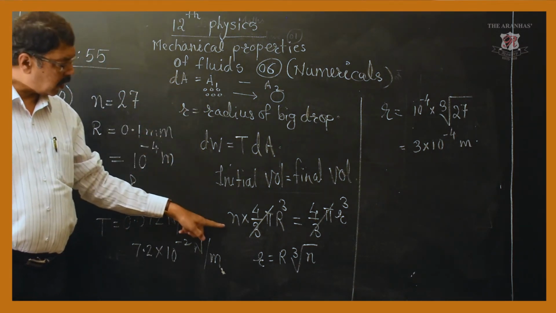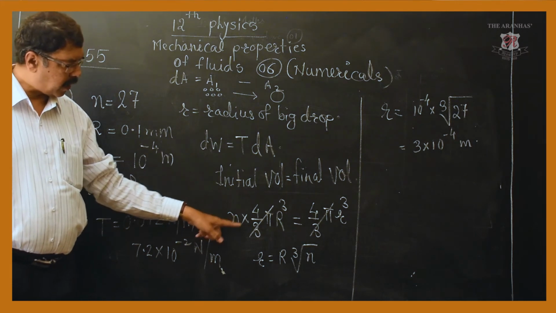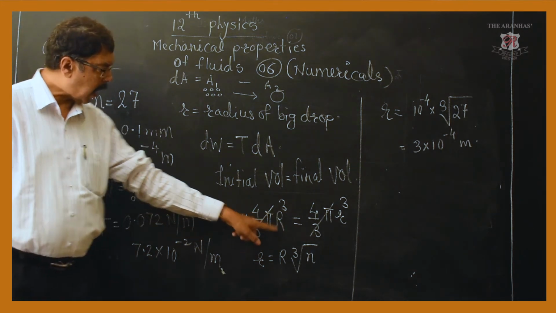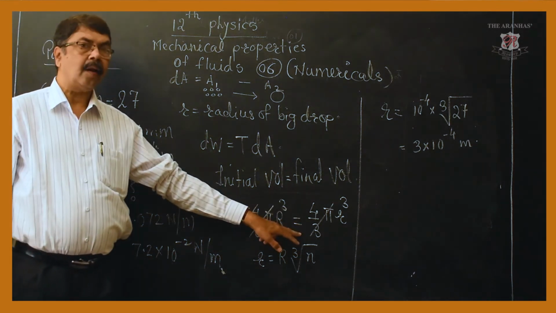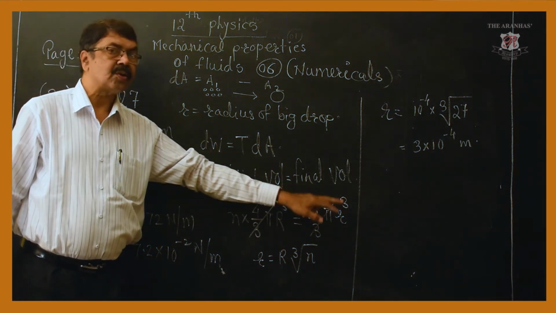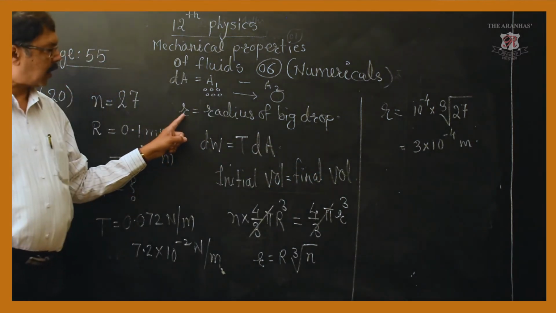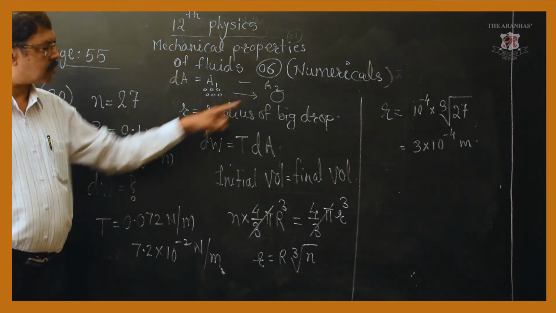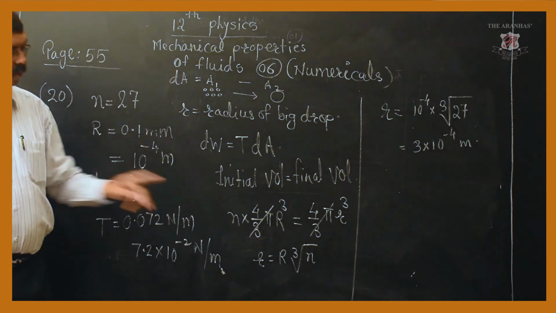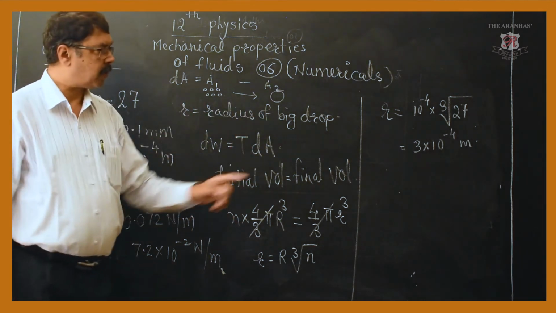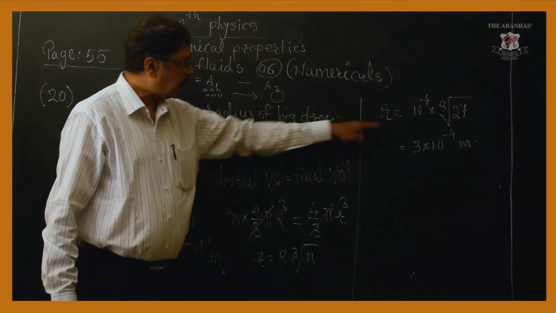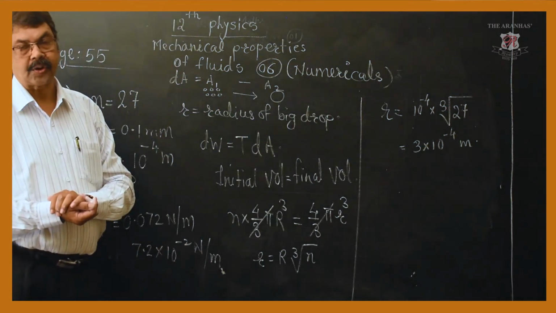N. So total initial volume comes out to be n into 4/3 pi r cube, r being the initial radius. What is the final volume? 4/3 pi R cube. I have assumed that the radius of this bigger drop is R. So I get this equation. Now I have got the radius of the big drop also.